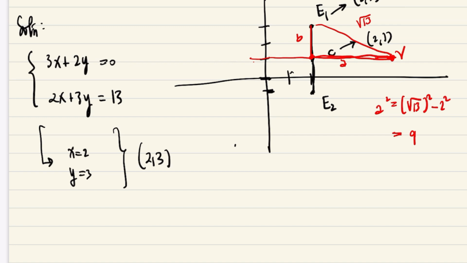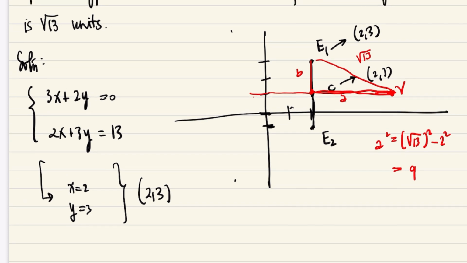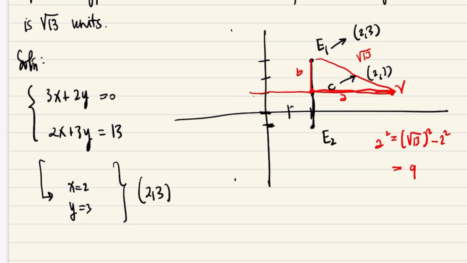So how do I know that it follows a certain equation? Because the hyperbola could be with respect to the horizontal orientation or the vertical orientation. Now in this case, since the principal axis lies parallel to the x-axis, that means to say it's a horizontal orientation.